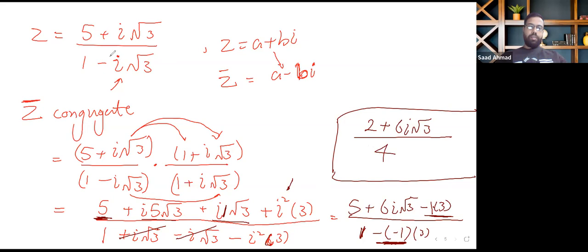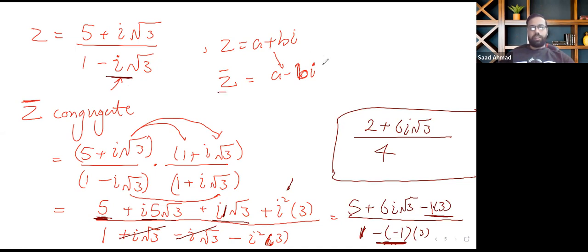What we did, we want to get rid of this square root. We want to get rid of the I from the denominator. We do not want it in the denominator, right? So to get rid of that, we need to multiply it with its conjugate.